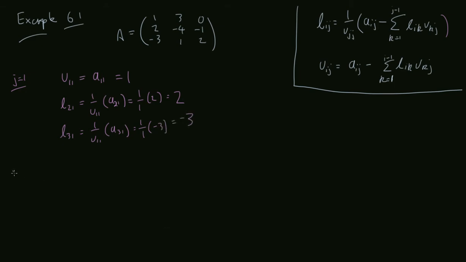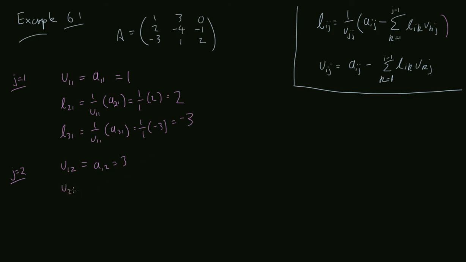Okay, let's have a look at the second column. So U12 is an upper triangular element, so U12 is equal to A12, which is equal to 3. This is an upper triangular element because we've assumed that L22 is 1, so we need to calculate what U is for this element here in the second row, second column.